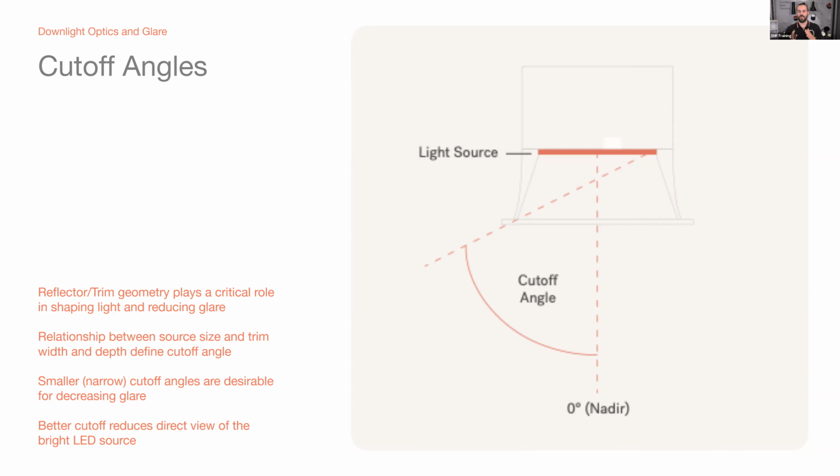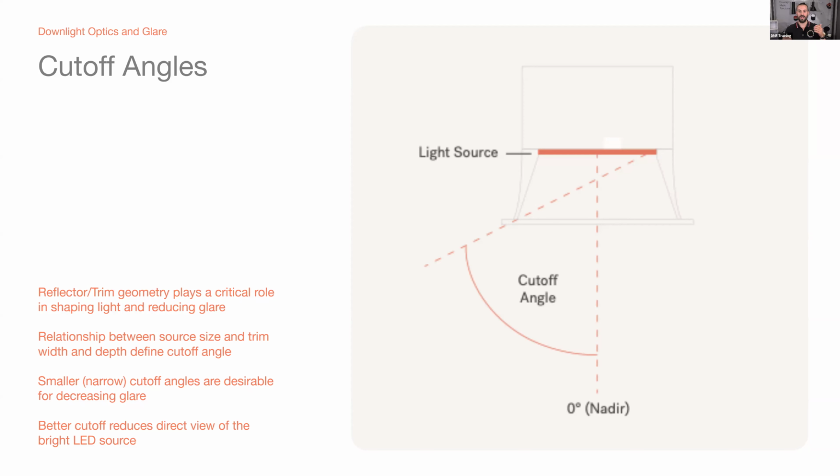By this definition, the way we're looking at it here on the screen, a smaller, more narrow cutoff angle, so 40 rather than 50, is preferable because there are fewer positions where you can see into the fixture throughout the room.